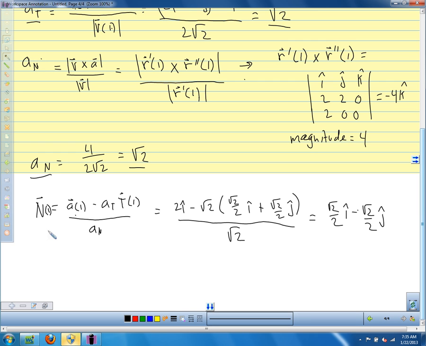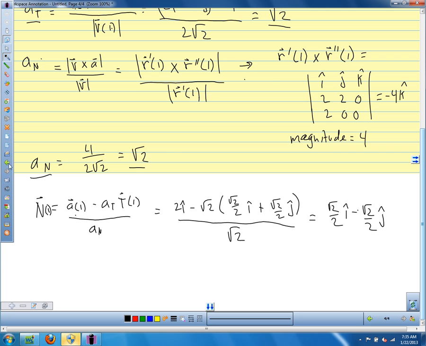But this expression is usually much easier than trying to find t prime over the length of t prime to find our unit normal vector.